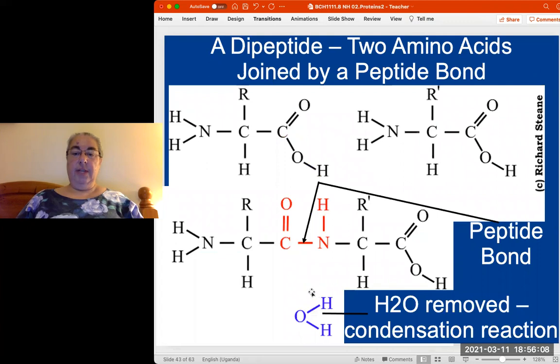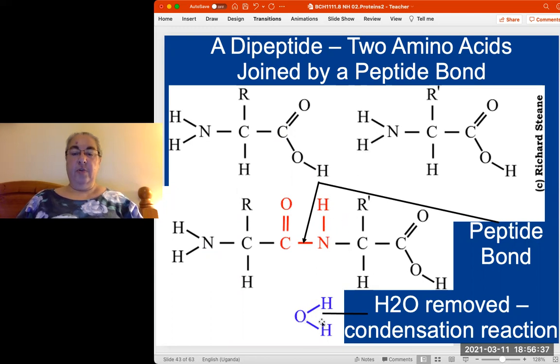So you'll notice that there is a water molecule that's released when the two molecules join together. So the oxygen and the hydrogen are released from the carboxyl group, and another hydrogen is released from the amino group. So now we've just got the oxygen and one of the hydrogens left.